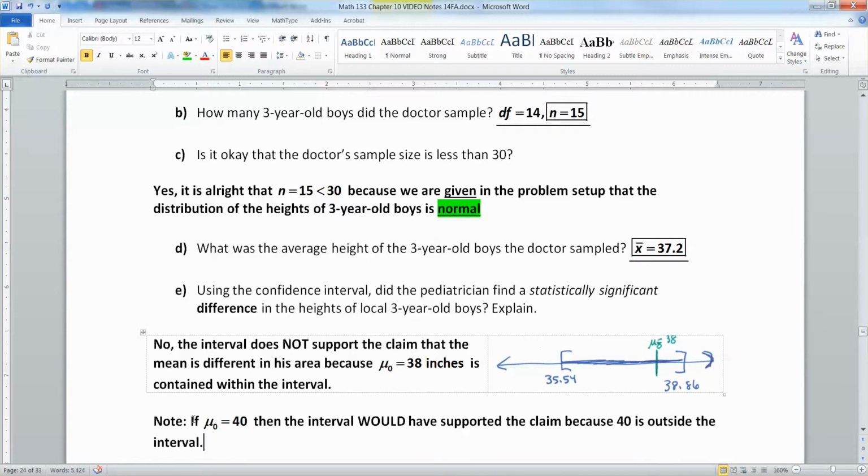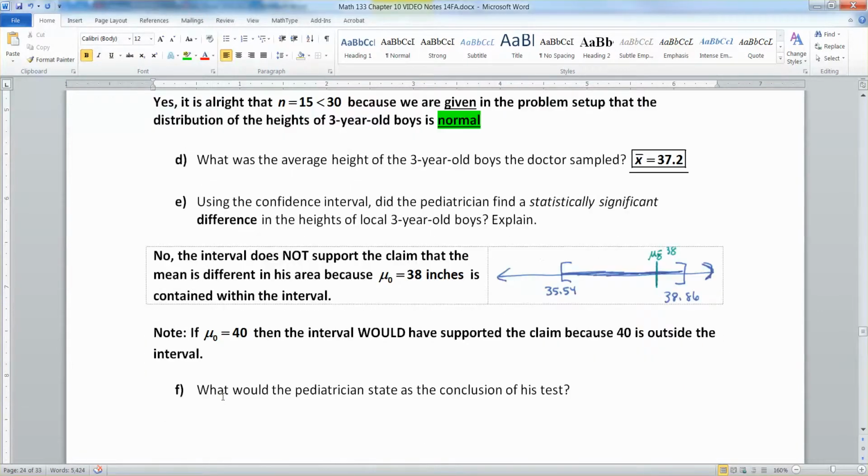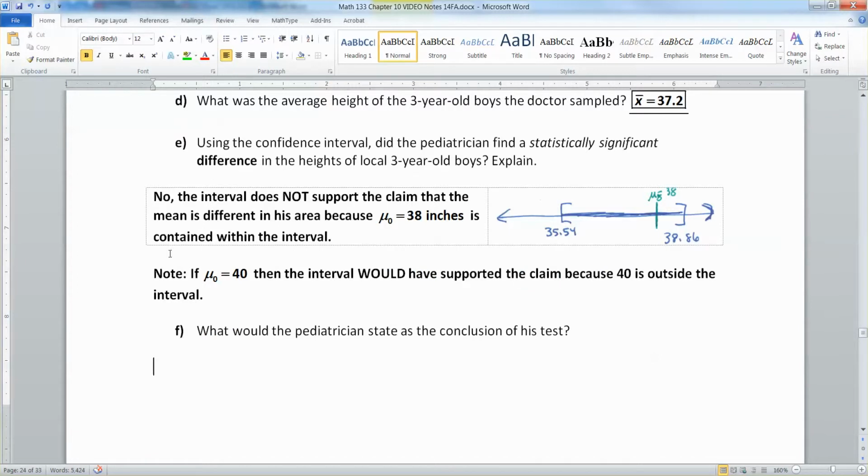But since he claimed it was different and 38 is still in the middle of our interval, it's not different that we can support. It doesn't mean he's wrong. It just means we didn't have the evidence to prove it.